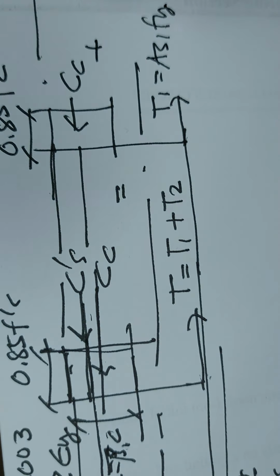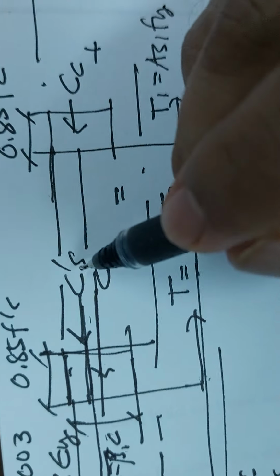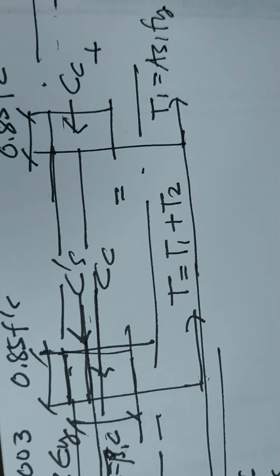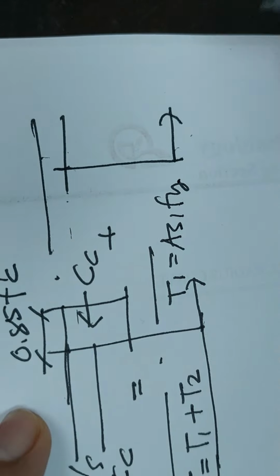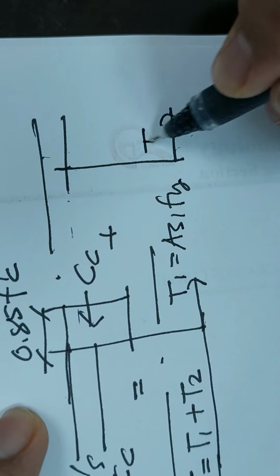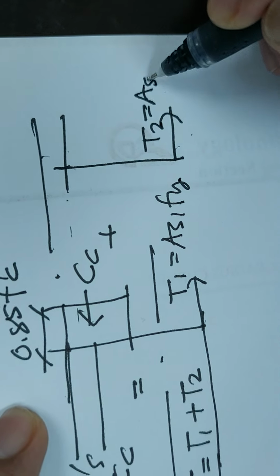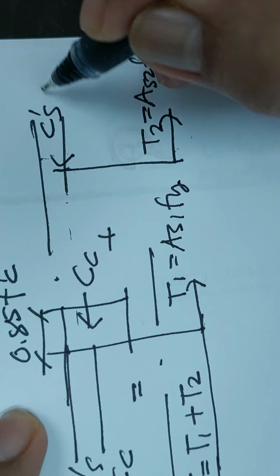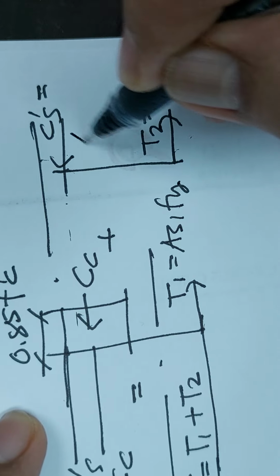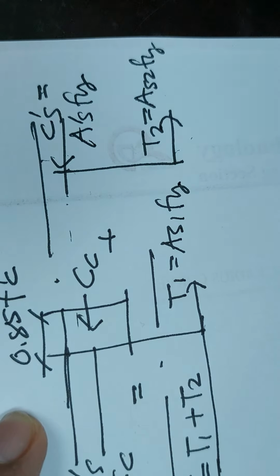And this can be added by the compressive reinforcement, with T2 equal to AS2 Fy, and here C prime S is equal to A prime S Fy.